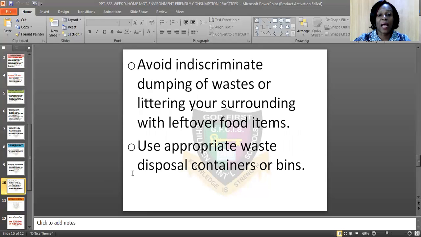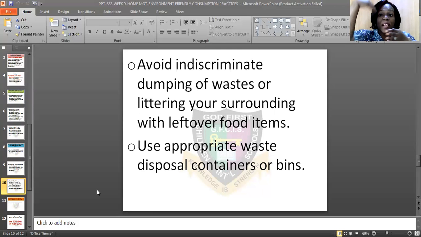As we look at other points, avoid indiscriminate dumping of waste or littering your surroundings with leftover food items. It's not necessary. When you have leftover food, at least they can decay, isn't it? If you have a dumping space, please package them very well, throw them at the provided space. Do you understand?